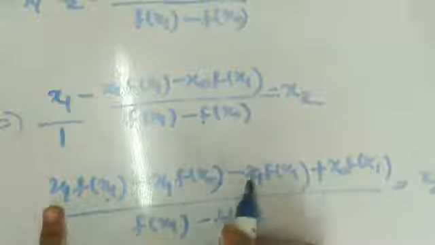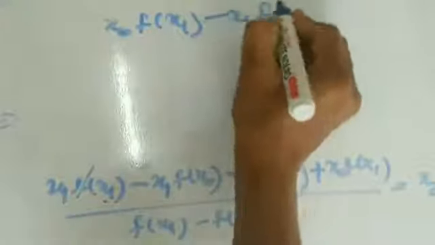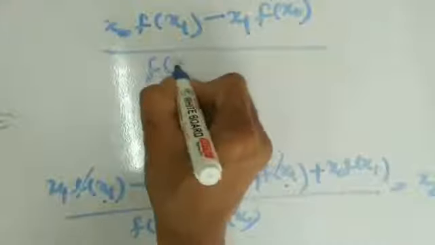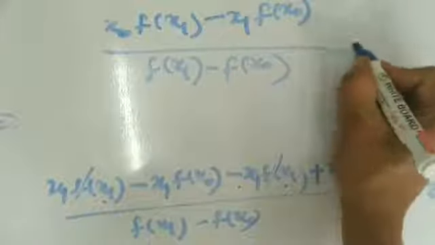Here x1 into f of x1 plus and minus x1 into f of x1 will be cancelled. We take the positive term first, so we write x naught into f of x1 minus x1 into f of x naught divided by f of x1 minus f of x naught, which is equal to x2.